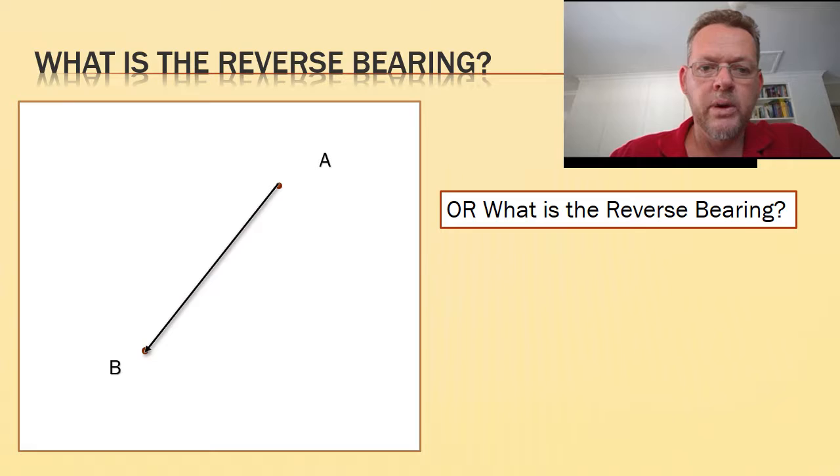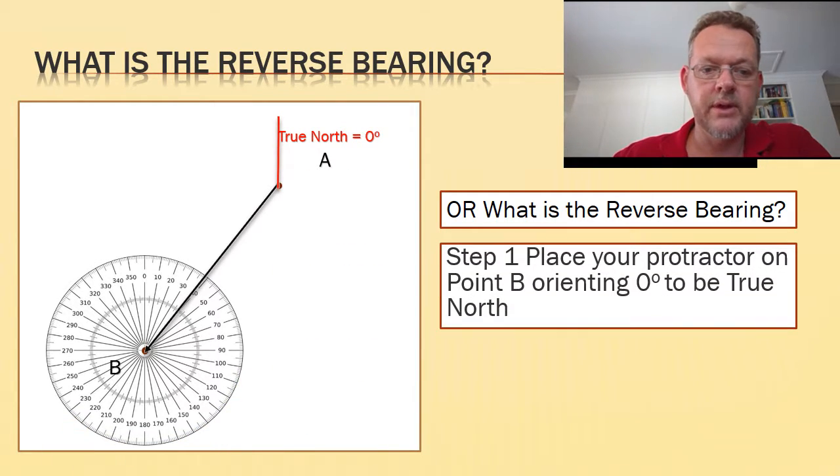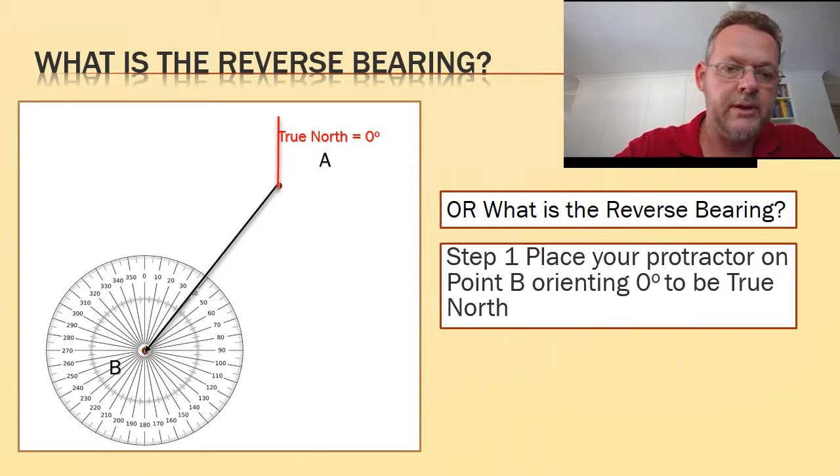Now, what is the reverse bearing of A from B? So how do we get back to A from B? We need to think about the opposite. True north is still facing directly up here.